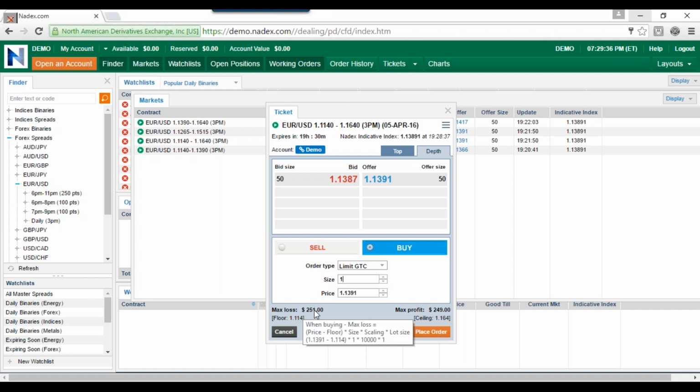Yeah, Rudy's like, yeah, correct, exactly. I pull that up and I see 251 and I say, no way. That scares me. And let's stop and think for a second here. When you're looking at a binary and the binary says max loss 75, max profit 25, well, with a binary it's yes or no, all or nothing, right?